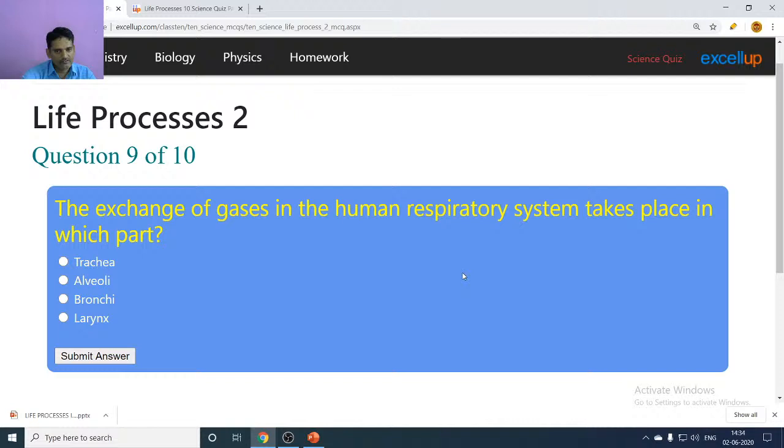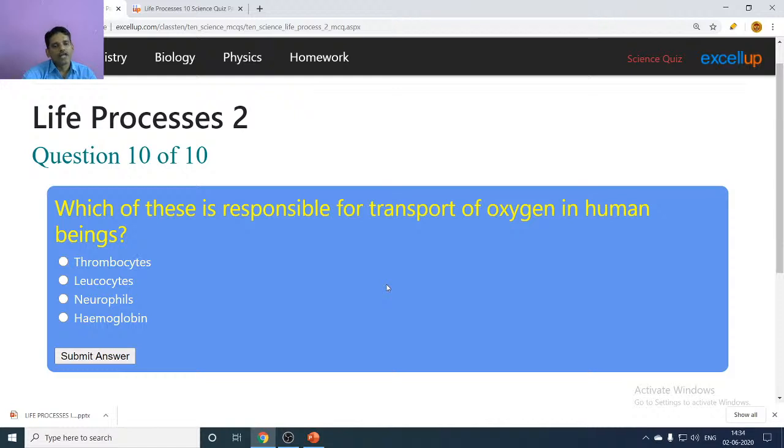Air sacs, alveoli. Last question. Which of these is responsible for transport of oxygen in human beings? Actually, RBC transports this oxygen. So RBC contains hemoglobin, red pigment.